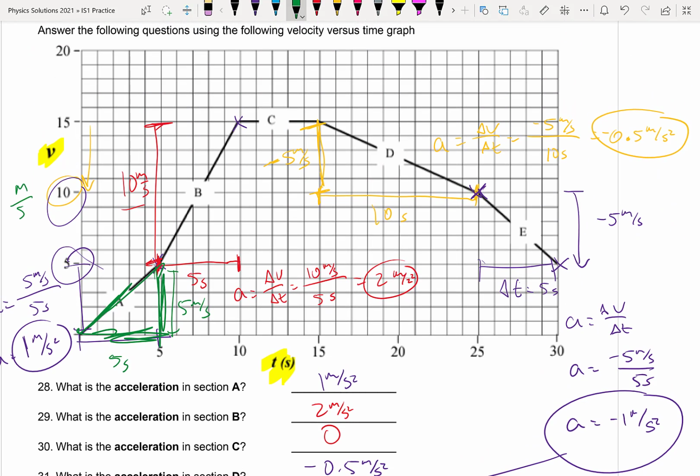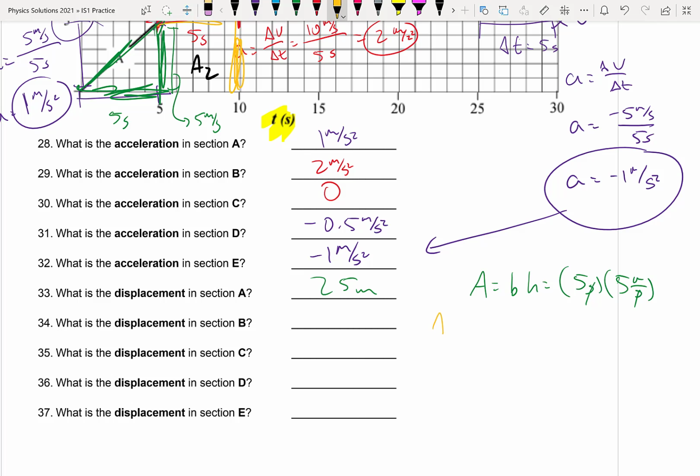Next up, for this area, I can split it into 2 areas, area 1 and area 2. Area 2 is kind of a square here. It's 5 seconds and 5 meters per second high. So 5 seconds is the base, so area 1 is base 1 times height 1. So it's 5 seconds base times a height of 5 meters per second.